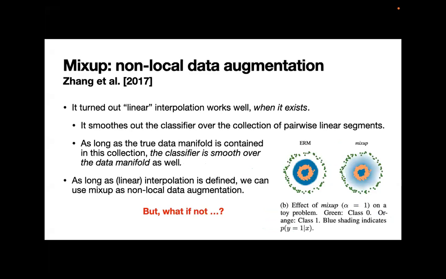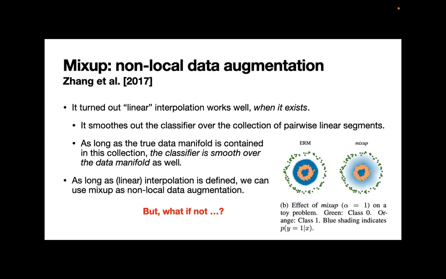And the idea is that as long as this data manifold, however crazy looking that is, is contained within this collection of all possible, let's say, n squared segments, then this classifier is still going to be smooth over that true data manifold as well. It's a big if, but as long as linear interpolation is defined, it really works well. And it's not local, in the sense that if I pick two points and pick a mixing coefficient of 0.5, it tends to be really far away from either of them.